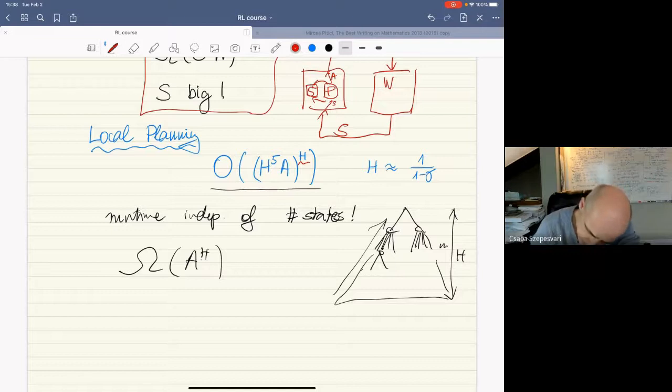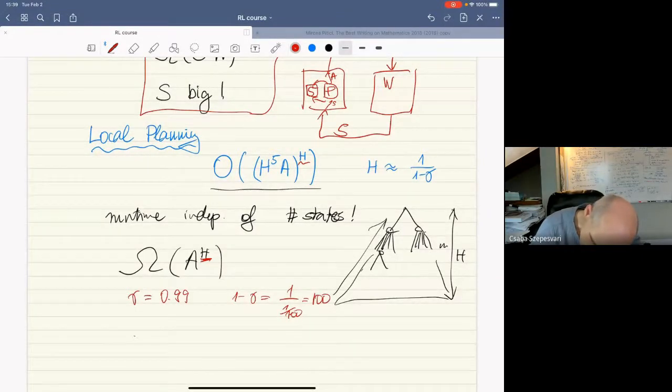You have this dependence on the effective horizon in the exponent, which looks exponential, which seems quite bad if you start to plug in numbers like, you say gamma is 0.99. So this 1 minus gamma is 1 over 100, so H is 100.